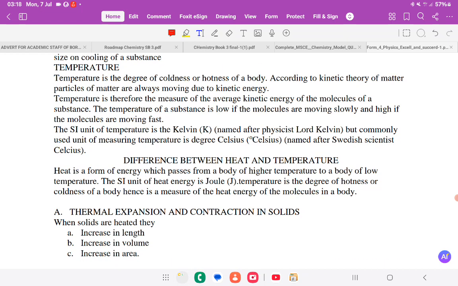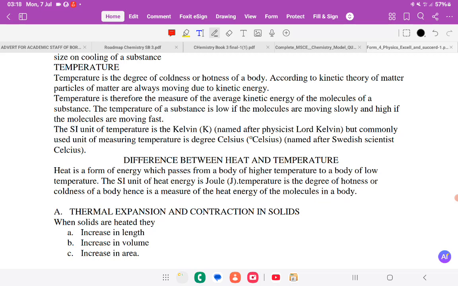All right, so what is the effect of expansion, or rather what happens during expansion, thermal expansion? So when a body is heated, three things can happen.